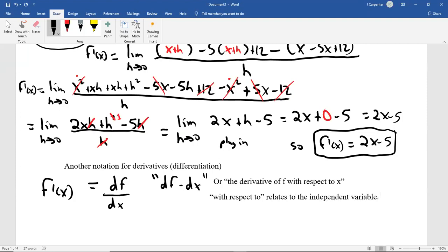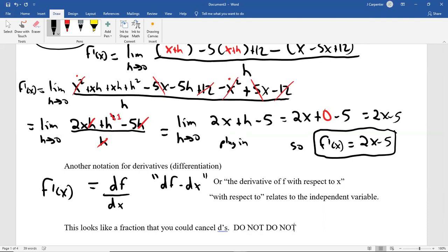And it's not always x. We can have functions of multiple variables. So we could take the derivative with respect to x, or we could take it with respect to y, with respect to z, or what other letters we have up there. But the d's, we use d's for derivatives. And now this looks like a fraction, doesn't it? df over dx. Oh, cancel the d's. Do not. This looks like a fraction that you could cancel the d's on.